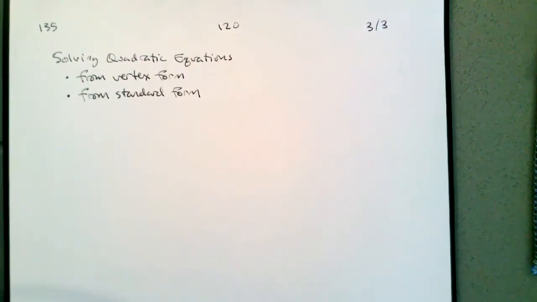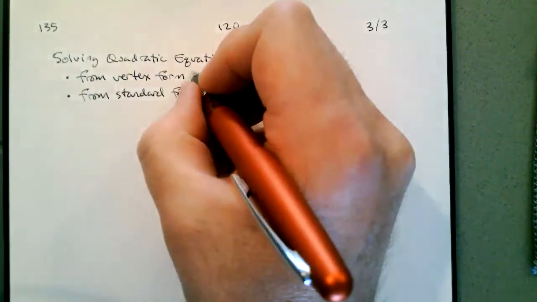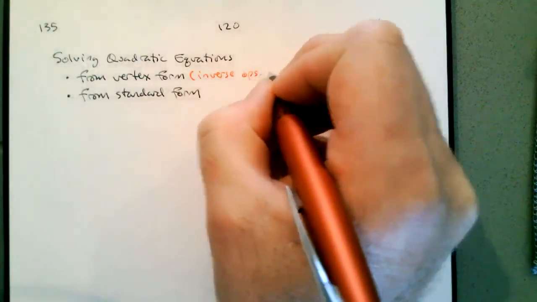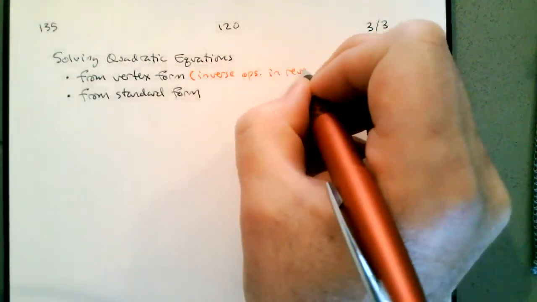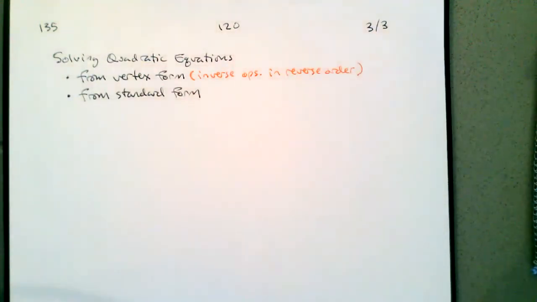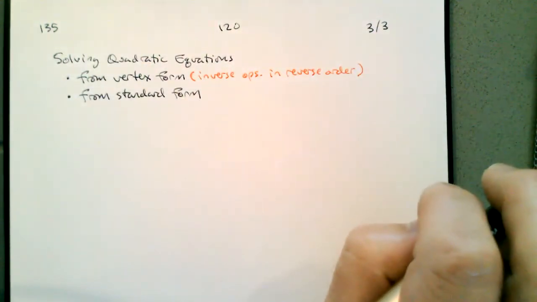First, let's look at vertex form, because here we can perform inverse operations in reverse order.